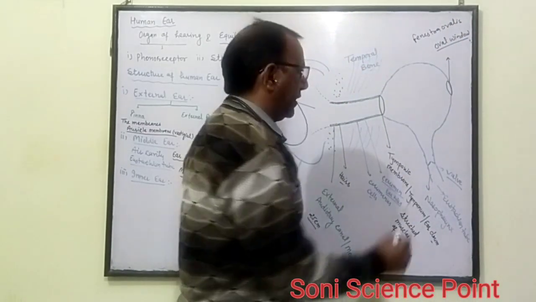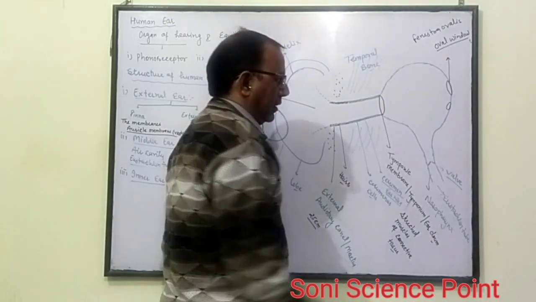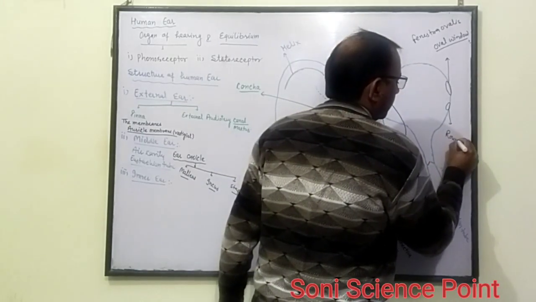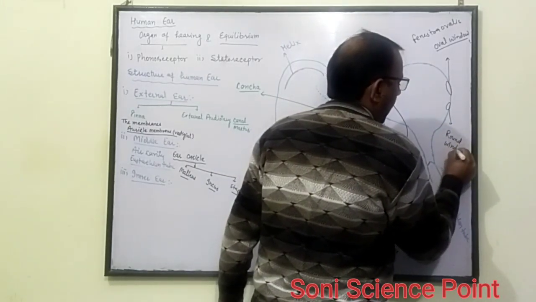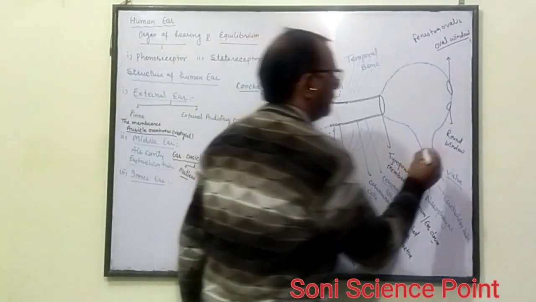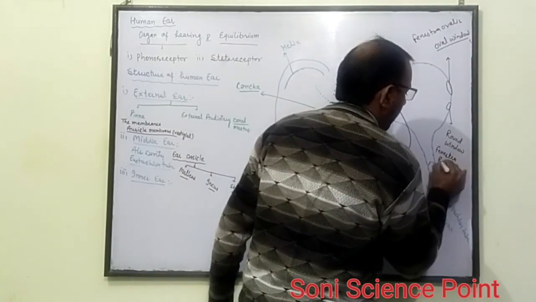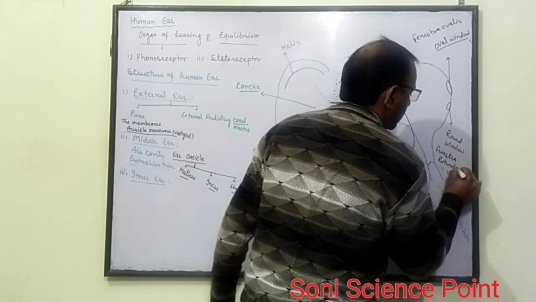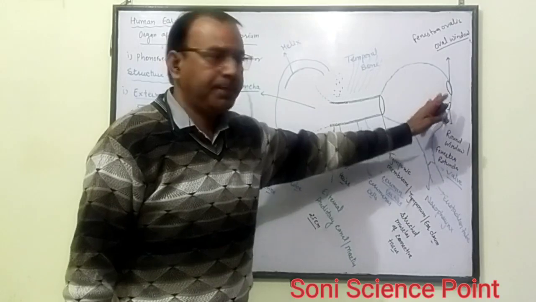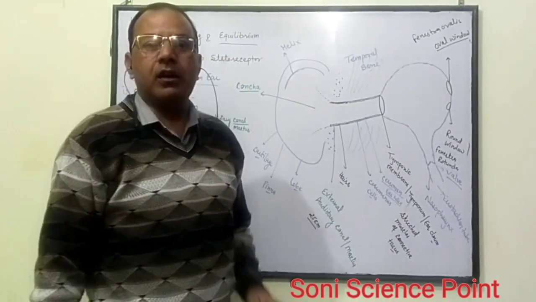And on the lower side it contains the round window, also known as fenestra rotunda. There are two windows present at the posterior end of the air cavity.